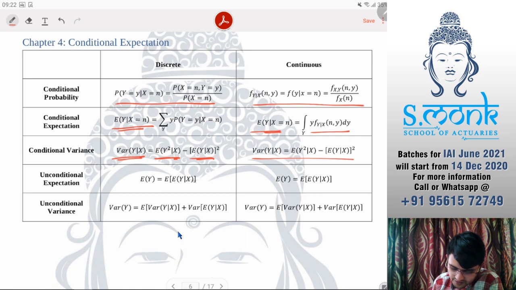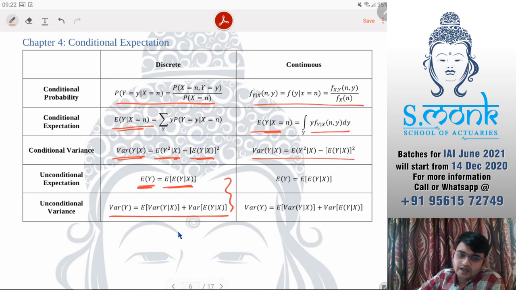Then unconditional: the expected value of y will give you the expected value of y given x, the double expectation. And the unconditional variance would be this particular formula. So you will have to remember literally only two formulas to solve this kind of conditional expectation question.